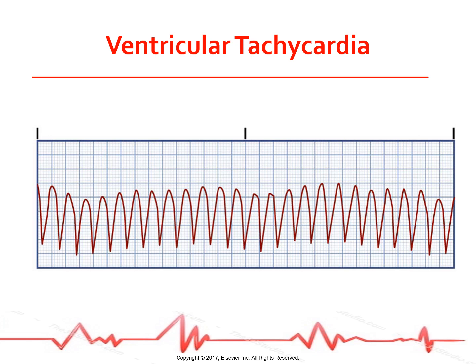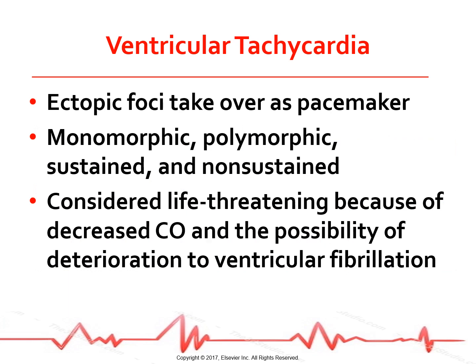It's something to do with an irritable heart that needs some sort of cardiac workup. So it's when some sort of ectopic foci take over as the pacemaker of the heart. Whatever cell is really ticked off in the ventricle is going so fast that it's really taking over as the pacemaker of the heart.